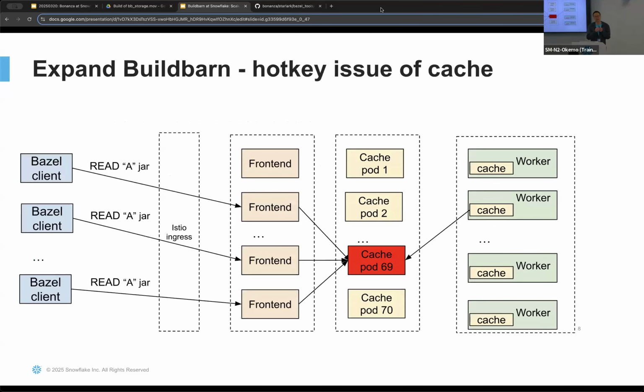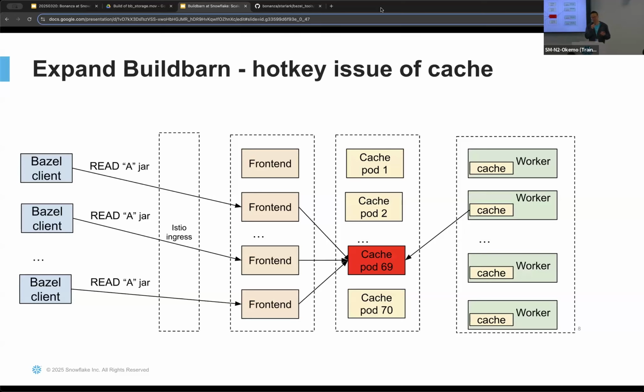So specifically to explain more about the first challenge, how we ensure high performance of cache at large scale, I would like to give a specific issue we saw when the workload becomes very large. In this specific case, with the original setup, at some point last year when we had a very large workload, we had many Bazel clients just start reading a single jar.